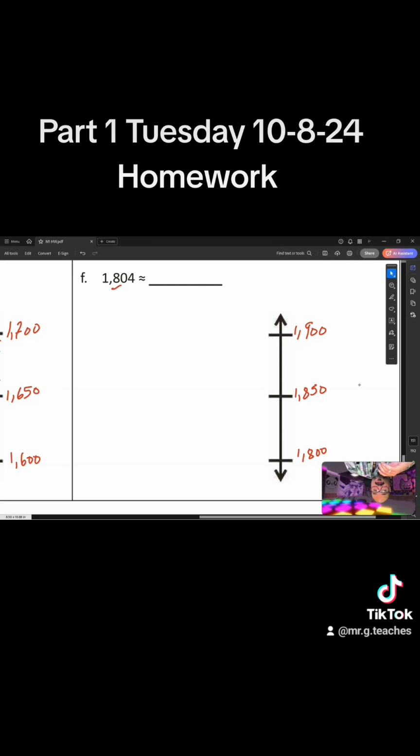So 1,800, 1,810, 1,820, 1,830, 1,840, 1,850. So 1,804 would be just above 1,800. So is that less than or greater than half? Less than, so we're going to round down to 1,800.